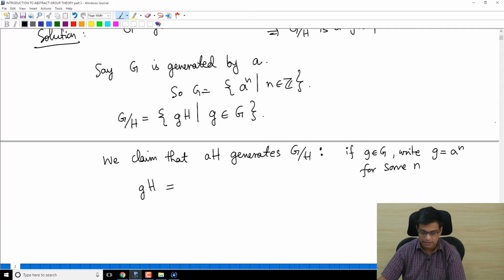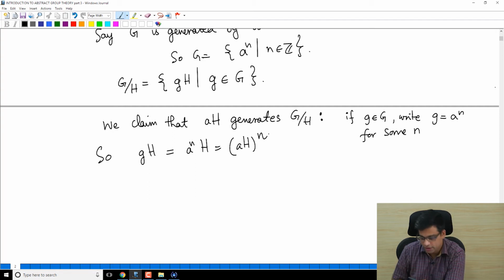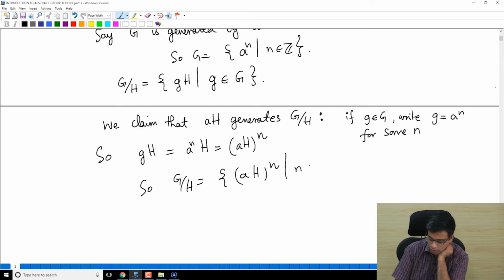Because a generates the group G, every element of capital G is a power of a. So gH is equal to a to the n times H. But by the operation of cosets, this is just (aH) to the n. So G mod H is equal to (aH) to the n, n belongs to Z.